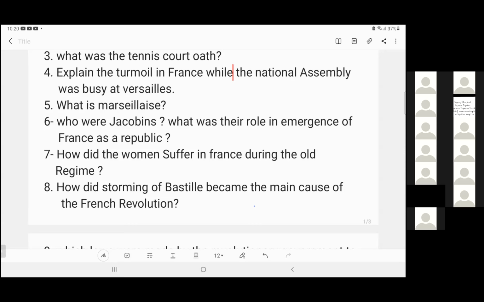After spending hours in long queues at the bakery, crowds of angry women stormed into shops. At the same time, the king ordered troops to move into Paris. And this led to the agitated crowd that formed on 14th July when they destroyed the Bastille. Right.